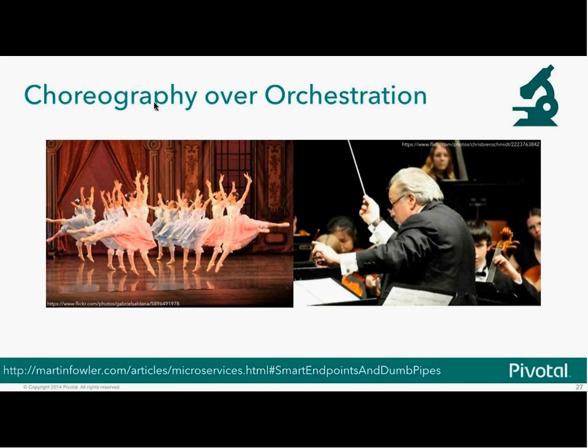So orchestration is this idea of central control, where we have a large heavyweight bus that is representing all of the policy, all the integration and routing logic, and it actually is governing the architecture.